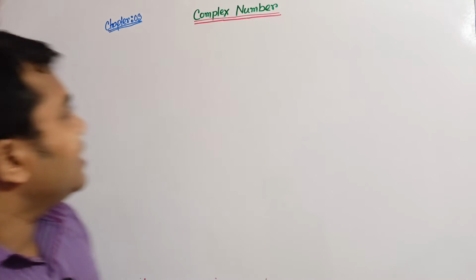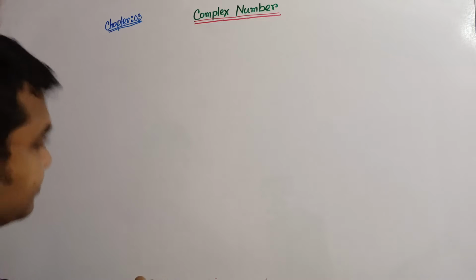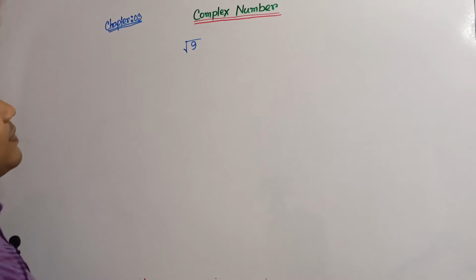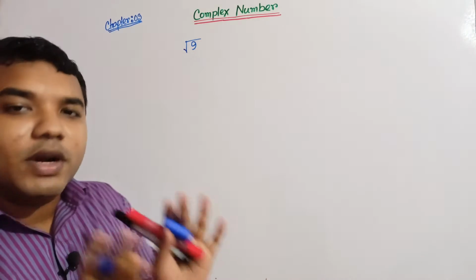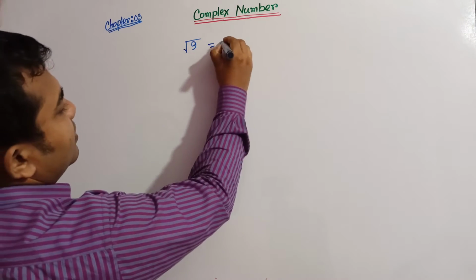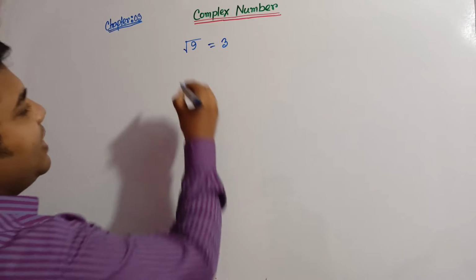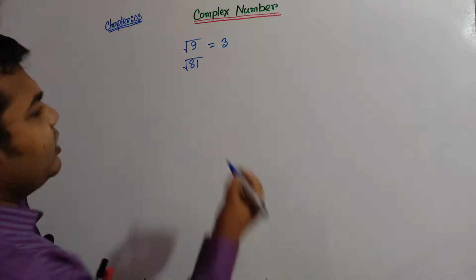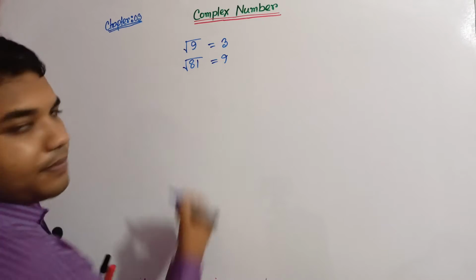So in the case of root over 9, I think you can tell me the value of root over 9, and that's going to be 3. If I ask you the value of root over 81, maybe you will tell me yes, it's 9.